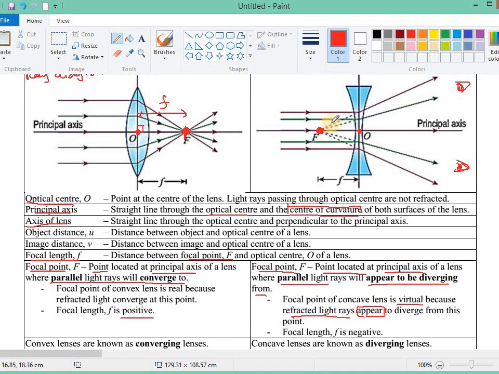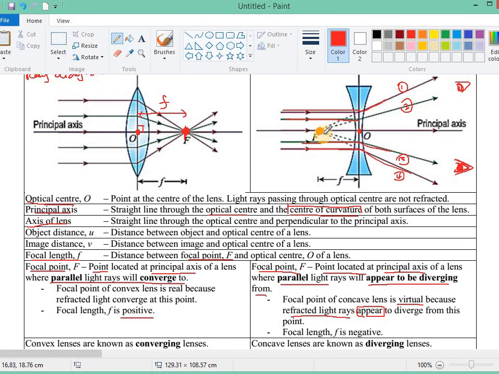Light ray number 1 comes from here, number 2 comes from here, number 3 comes from here, number 4 comes from here. All of these light rays do not come from F, but if you look at the light rays, it looks like they come from here.